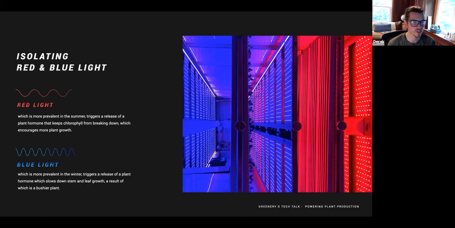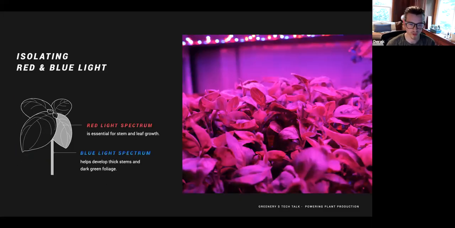But each color does draw a different reaction out of each plant. And so being able to isolate those and utilize them is really important in the Greenery, and really exciting as well. So with red light, which is naturally more prevalent in the summertime, it triggers a hormone in plants that keeps its chlorophyll from breaking down.